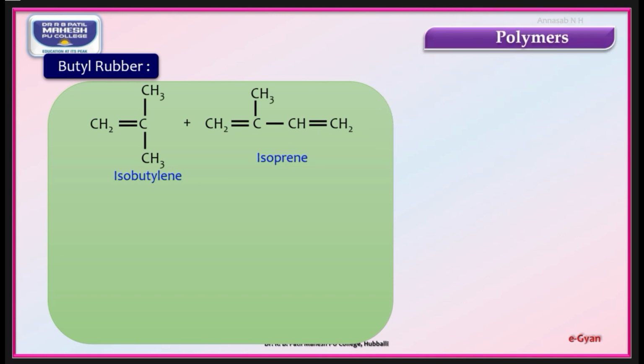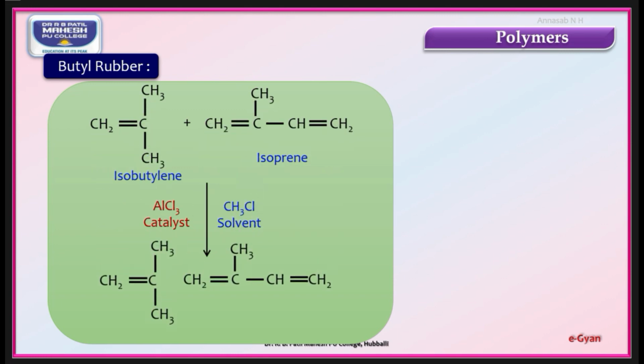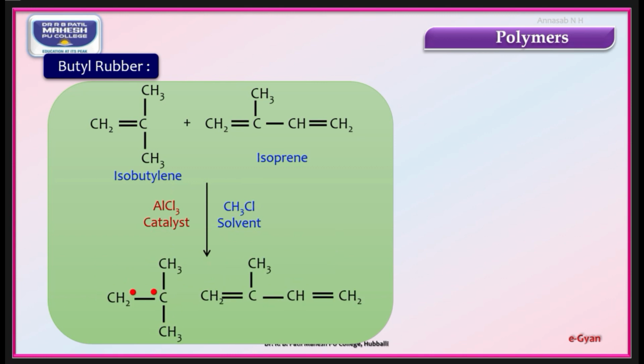These two undergo polymerization in presence of AlCl3, which acts as a catalyst, and the solvent methyl chloride CH3Cl, which undergoes homolysis, again leading to the formation of new bonds, and there is a formation of a new bond between the carbon atom of isobutylene and the carbon atom of isoprene.